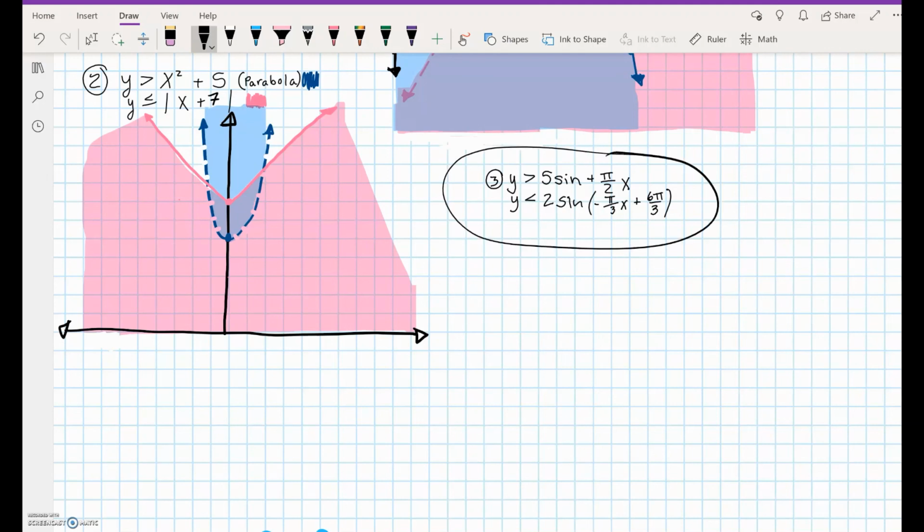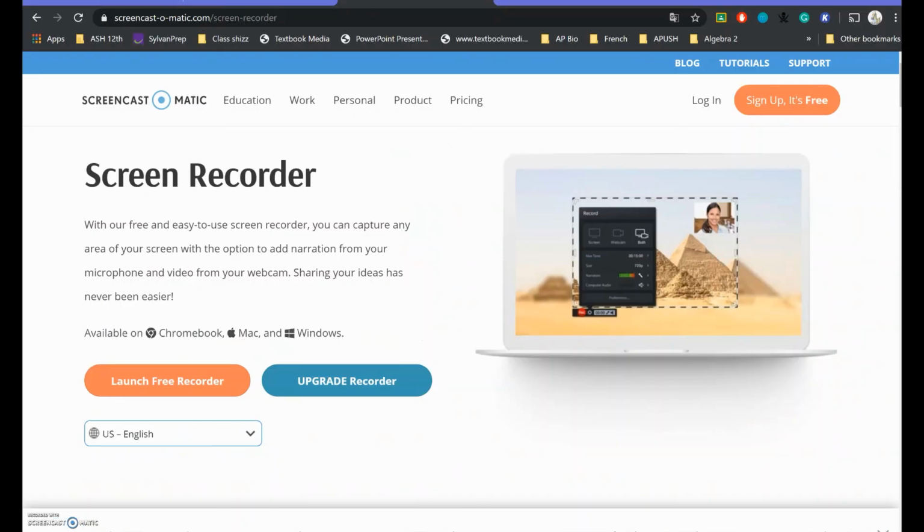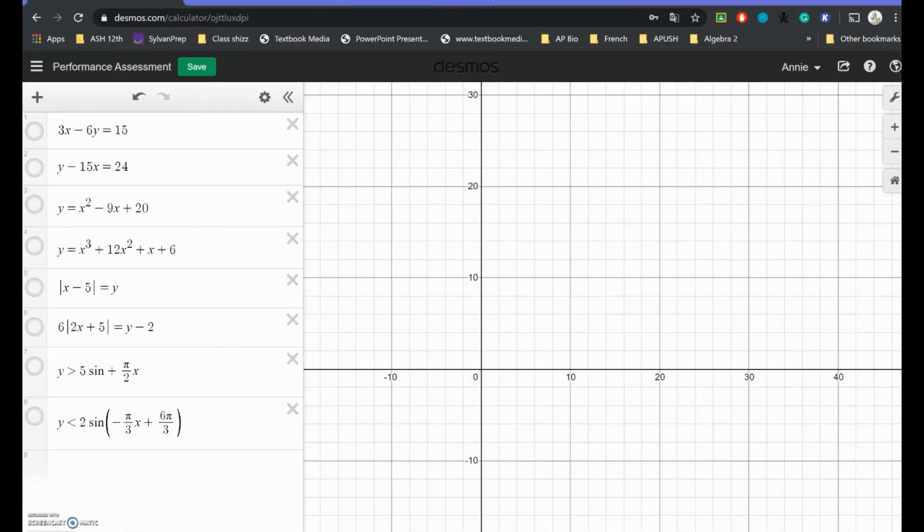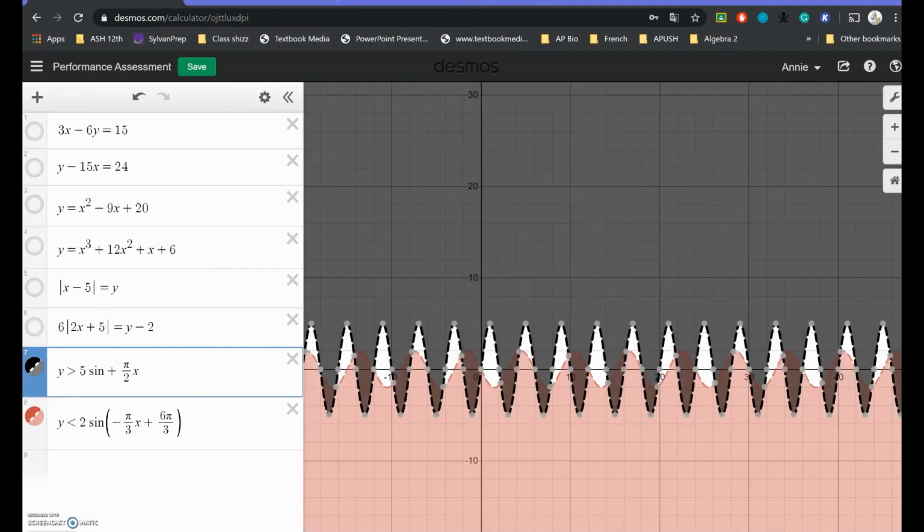So for our next example, I'm actually going to show you on Desmos, because it's easier to see there than if I was just doing it by hand. So we're going to hop on over to Desmos. It would be the exact same method of typing in this. You have these little symbols on your thing.